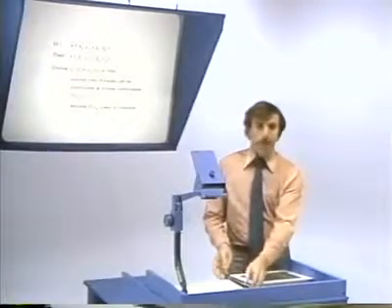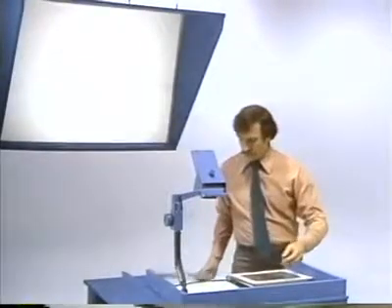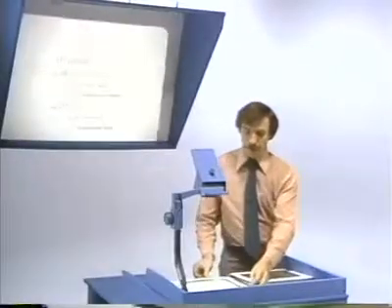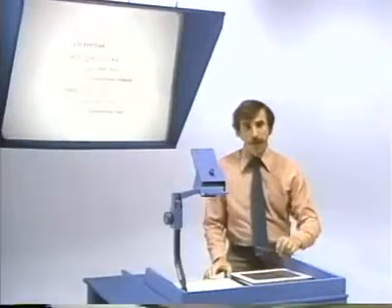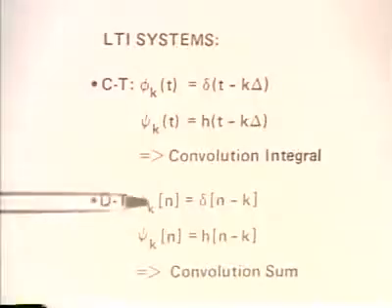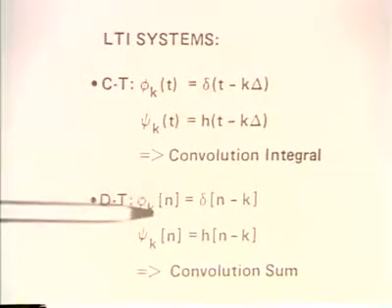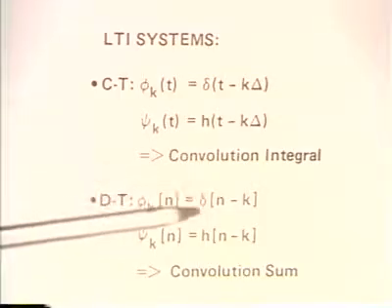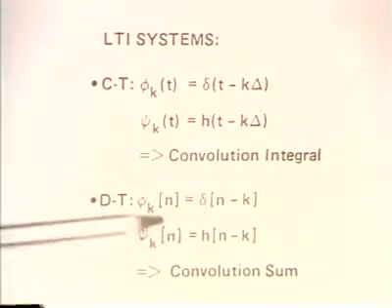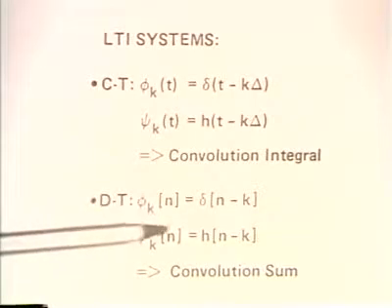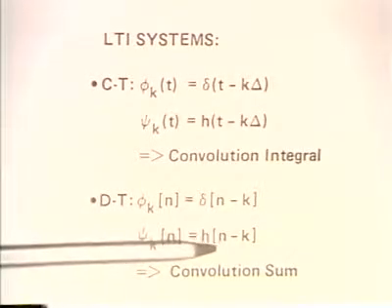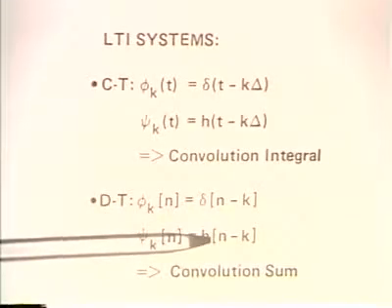Now, in the representation which led us to convolution, the particular choice that we made in the discrete time case for our basic inputs was a decomposition of the input in terms of delayed impulses, and the associated outputs that generated were delayed versions of the impulse response.